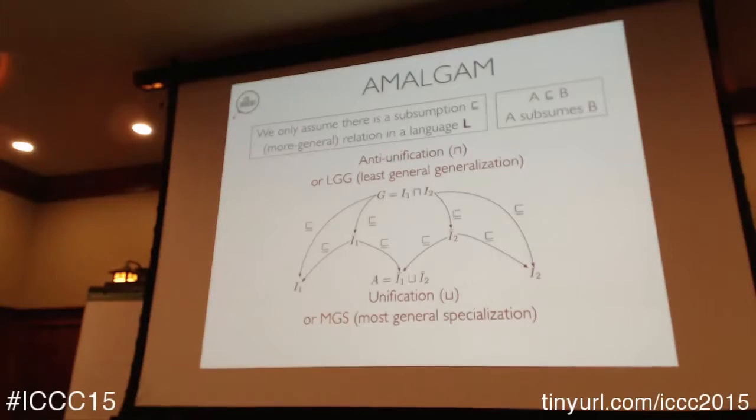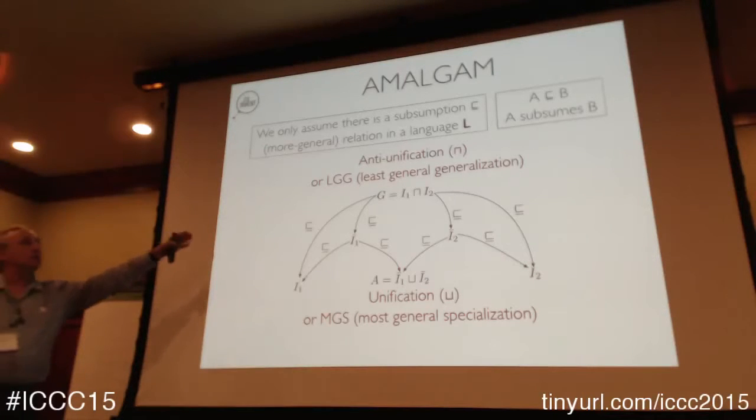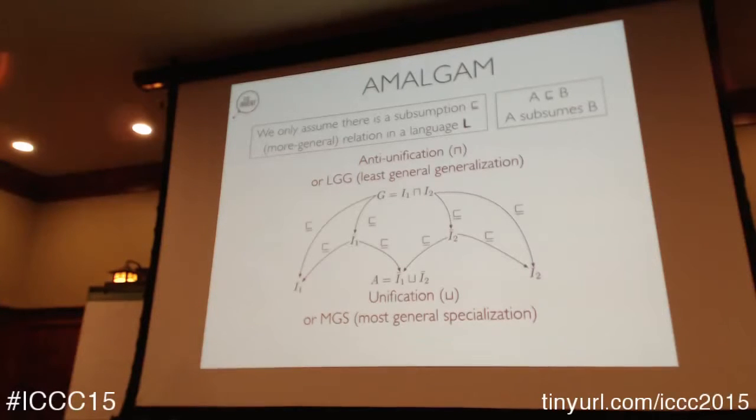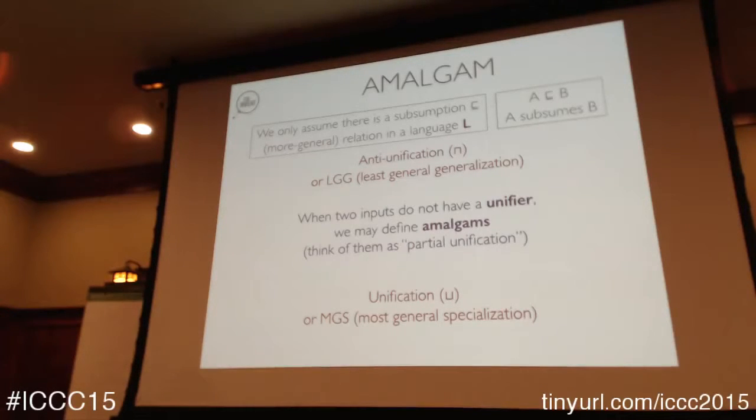And then the second part is the dual notion of anti-unification, that is unification, when you put together two descriptions into one. The only difference is that here, what we put together and what we call the amalgam are not the inputs, but the generalizations of the inputs. You can think about that as a kind of partial unification.